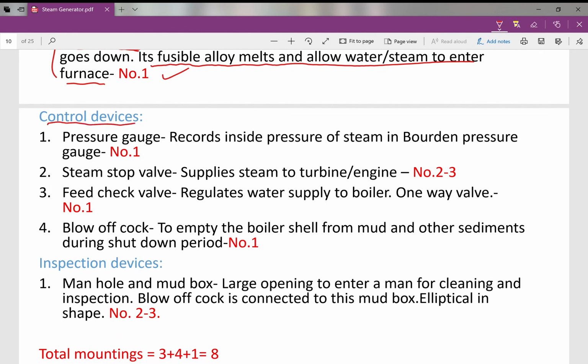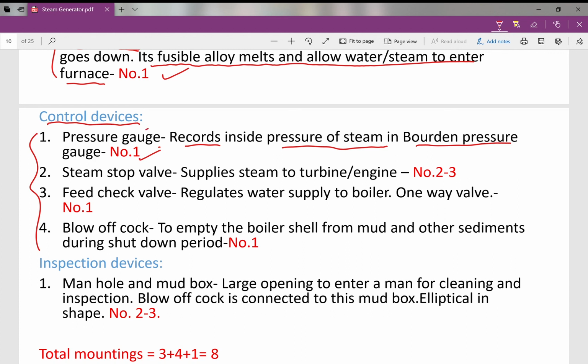From safety to now control. So here we have four devices for controlling purpose. The first one is the pressure gauge, which records the inside pressure of steam; we call it the Bourdon pressure gauge. Its number is 1.